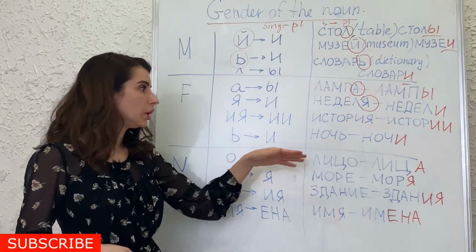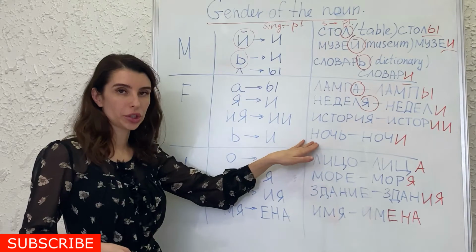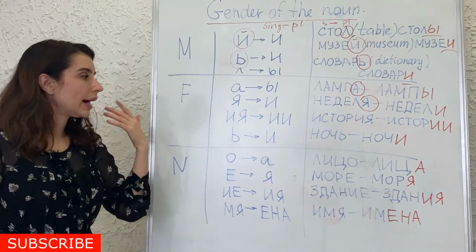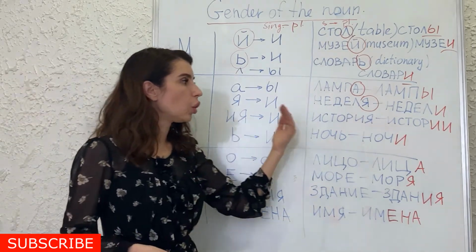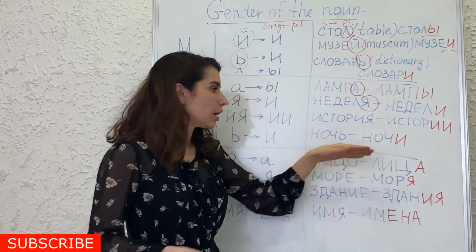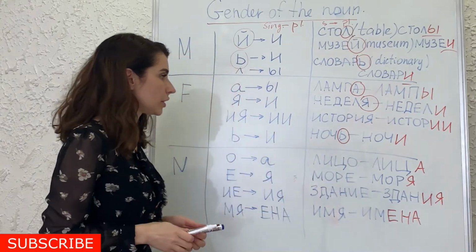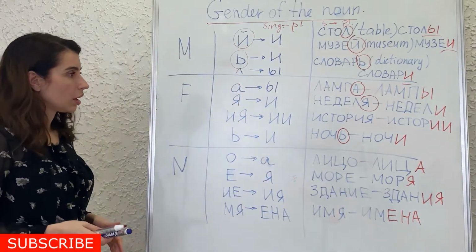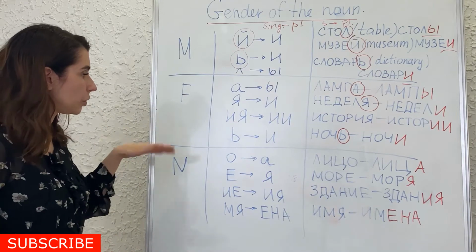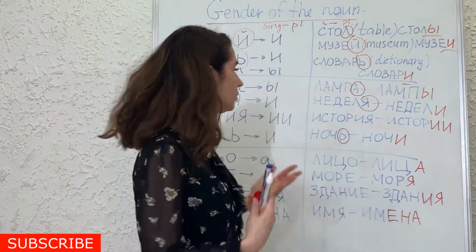Okay? At the end, female, you can see мягкий знак. I told you about мягкий знак before. Like ночь, which means night, changing to ночи. You can see how this letter is changing. So ночь, ночи.